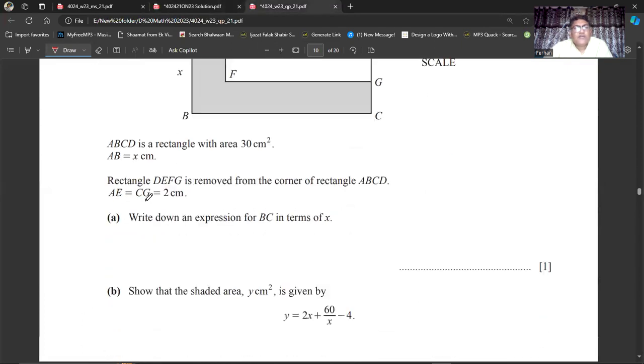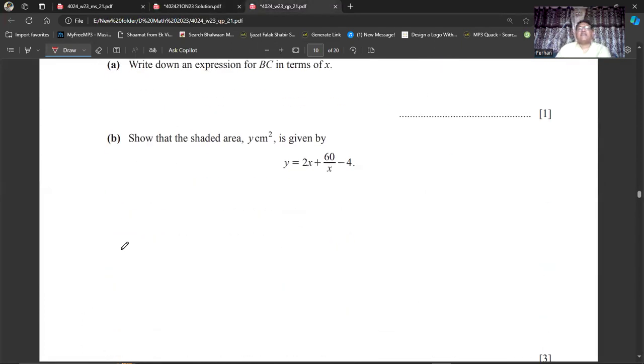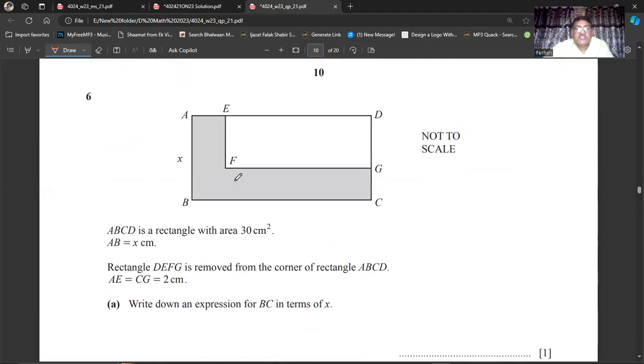Okay, so we are going to the B part. He says show that the shaded area, which he represented with y centimeters squared, is given by this formula. So we have to show that the shaded area is this. This is that shaded area. What I'm going to do is divide this shaded area into two portions.